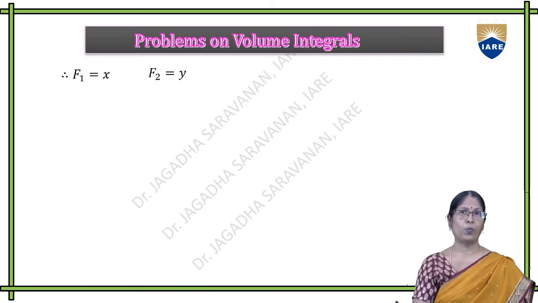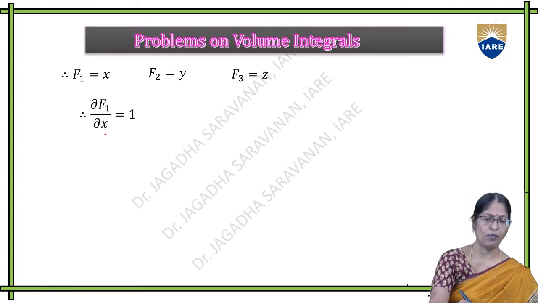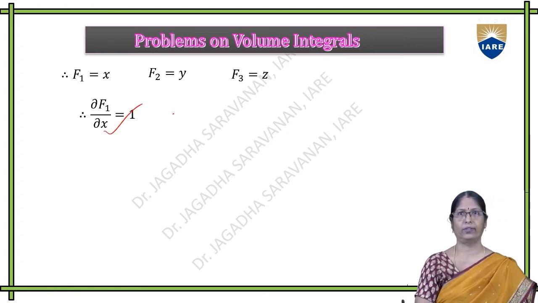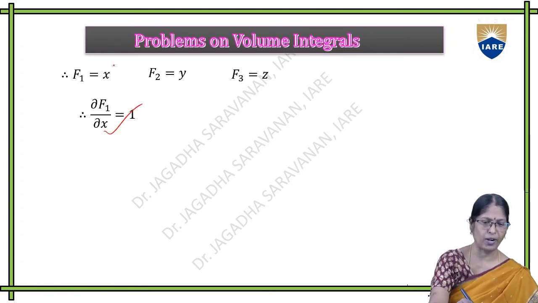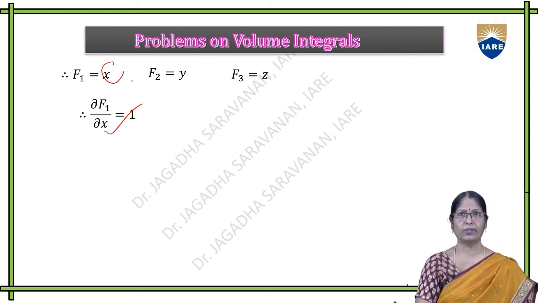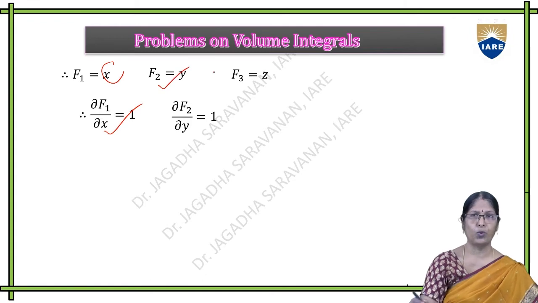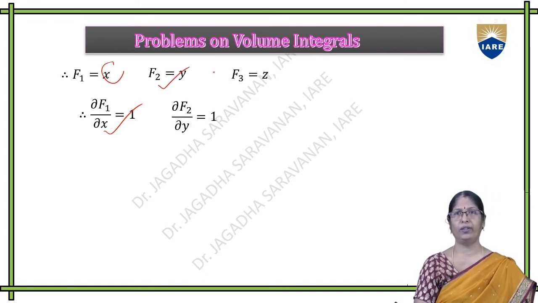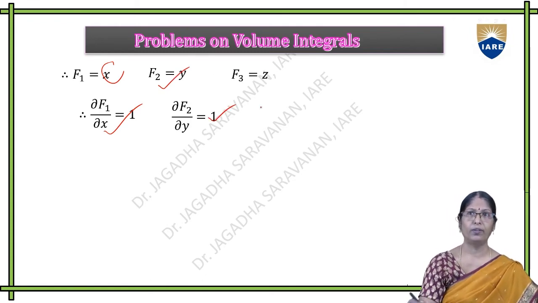According to our equation, f1 is x, f2 equals y, and f3 equals z. So dou f1 by dou x: we do partial differentiation with respect to x, and the value is 1. Dou f2 by dou y, partially, the value is 1.